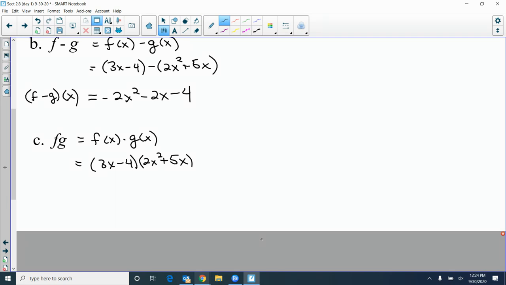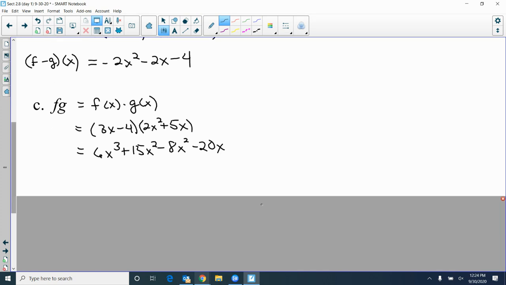Okay, FOIL it, combine like terms. And let's see, that gives me 6x cubed plus 15x squared minus 8x squared minus 20x. And then f times g is 6x cubed plus 7x squared minus 20x.